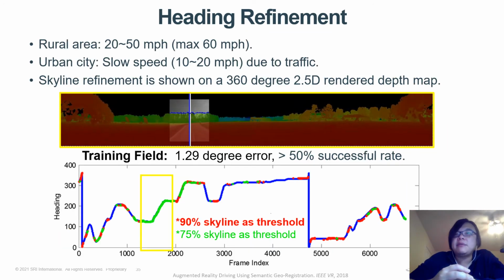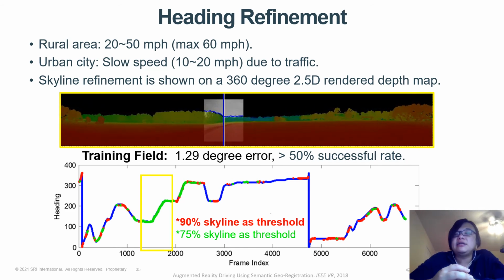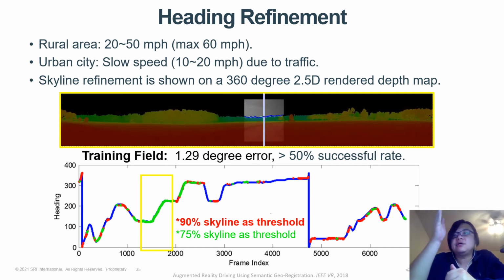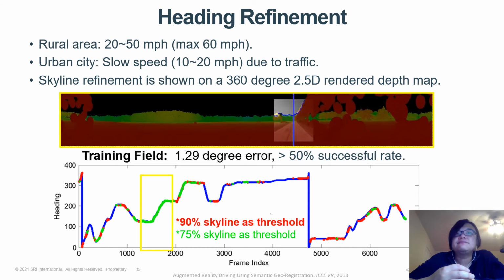Using skyline matching through the semantic geo-registration can refine the heading of the pose, because the skyline actually indicates the heading direction using the 3D geodetic information from the database.